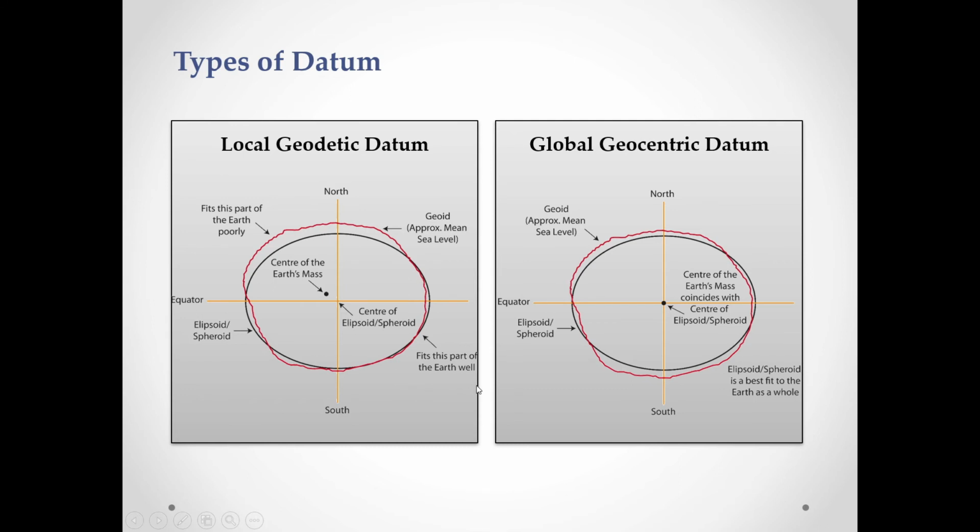It fits this part of the Earth well to describe this part of the area, and this part of the area is poorly described. That is called the local geodetic system. For this local area, datum is used, and in the global geocentric datum, the ellipsoid or spheroid is a best fit to the Earth as a whole.